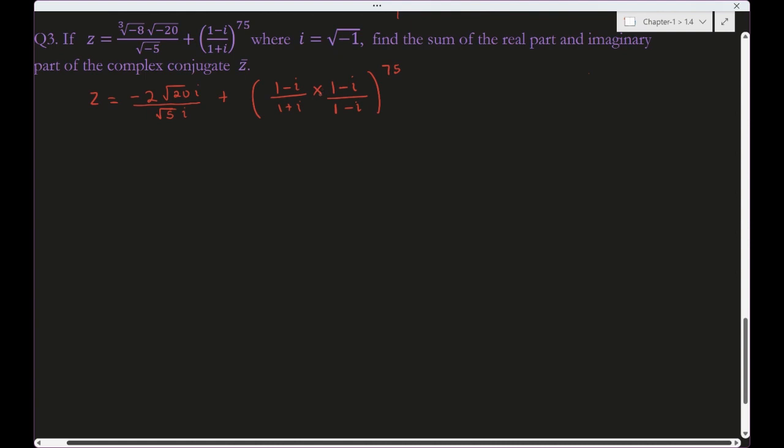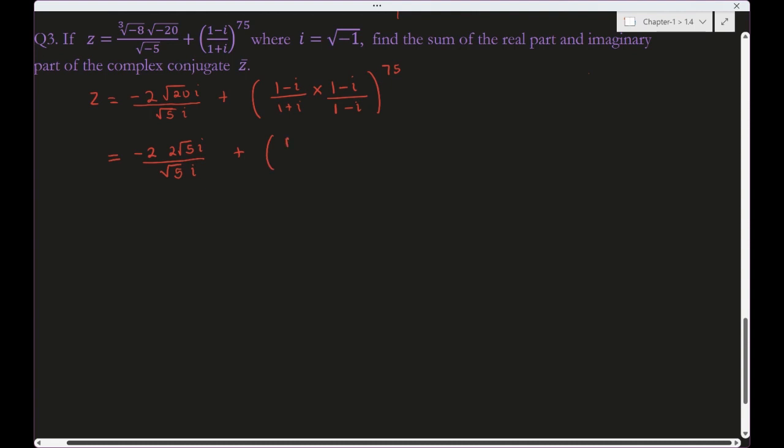The denominator is 1 plus i, so you multiply by 1 minus i, which is the conjugate. Just change this plus to minus. So the z now is going to be minus 2 times root of 20, which is just going to be 2 root 5 i, and here you have root of 5i. Plus, this now we can expand.